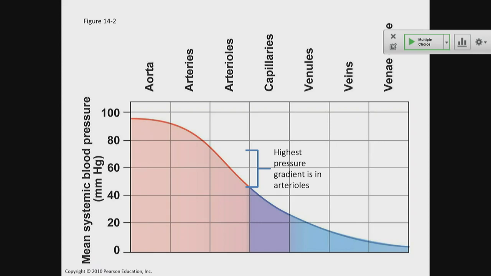If the pressure is 80, then the resistance would need to be 0.8 to give you a value of 100. If you increase the pressure to 100, you would need to divide by 1 to give you the same value. So if you want to keep flow constant and you have higher pressure, you also need to have higher resistance.